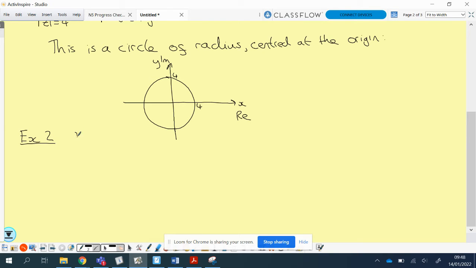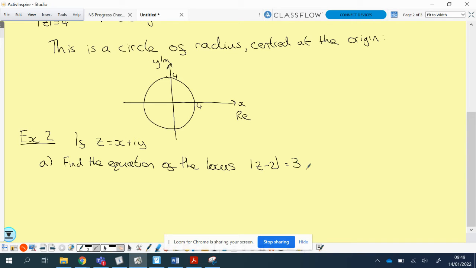Again, if z equals x plus iy, then part A, find the equation of the locus: the modulus of z minus 2 equals 3.